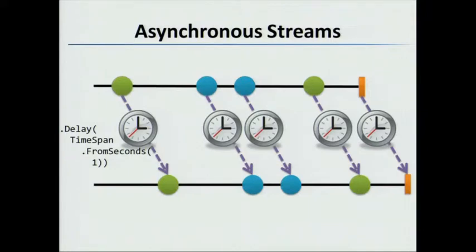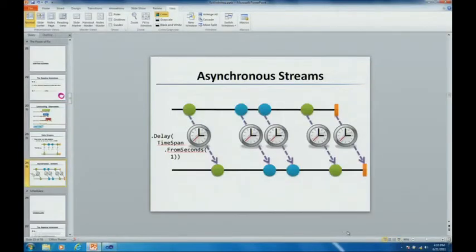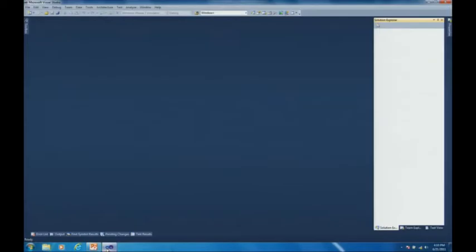Now we have this notion of time, and we say, hey, look, time shift each one of these messages by 1 second. And so we get the same stream, but just shifted over by 1 second. It could be a good exercise for the viewers to actually implement delay on enumerable. Yes, that's pretty good. So that's that, and I'm going to turn over to Bart to actually show us a few operators.